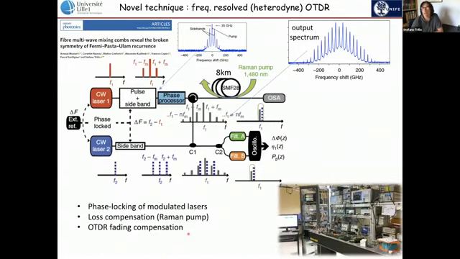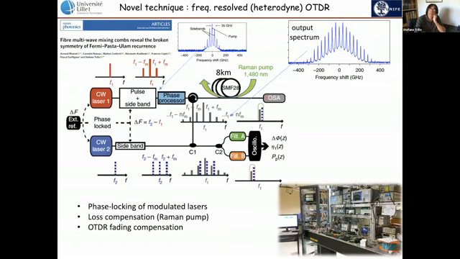Okay, so I will go very briefly through this. This is the experiment that was designed, and the credit goes to Arnaud Mussot. It is designed to measure the pump and the sidebands in nonlinear modulation instability, in power and phase. So you start with a laser, you modulate, and you inject into an 8 kilometer fiber.